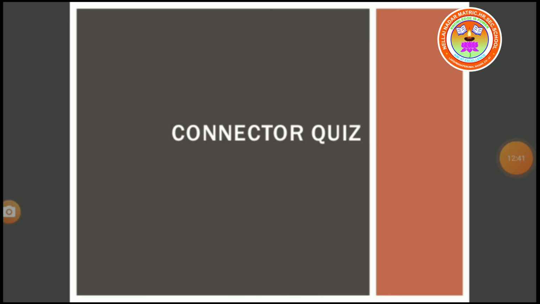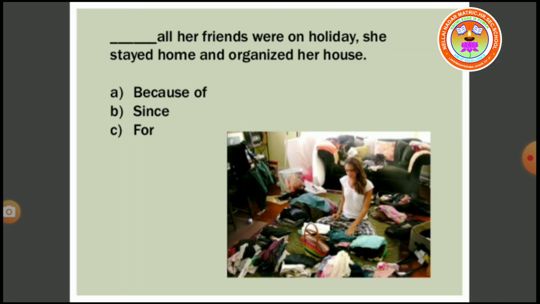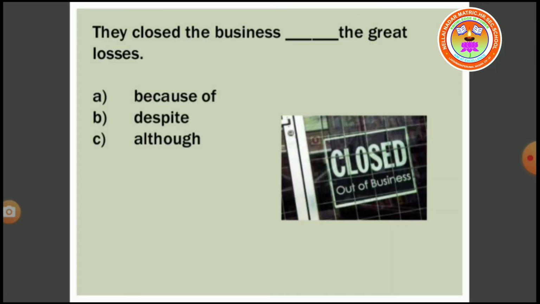Okay, students, now let us solve the exercises. As all her friends were on holiday, she stayed home and organized her house. Yes, very good. Since. The correct answer is since. They closed the business, dash, the great losses.